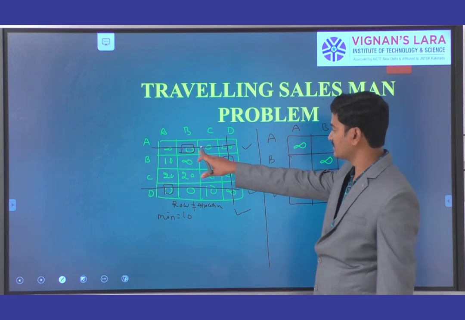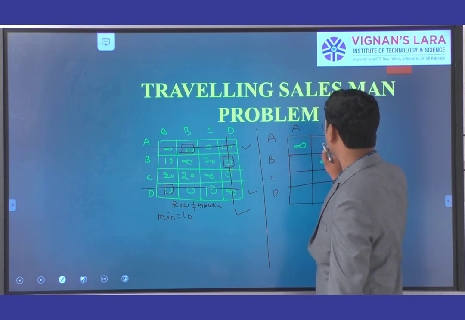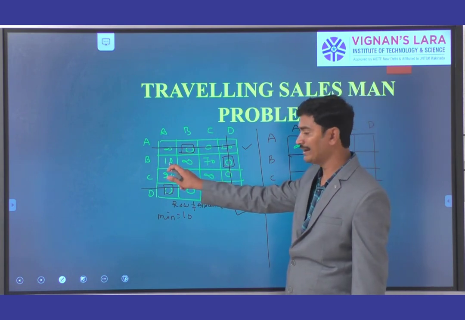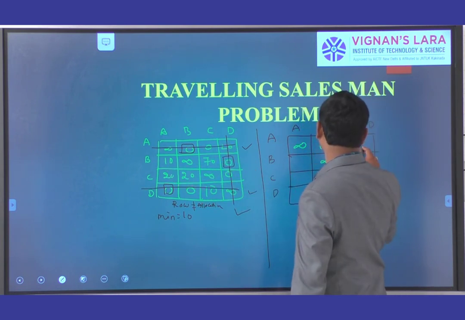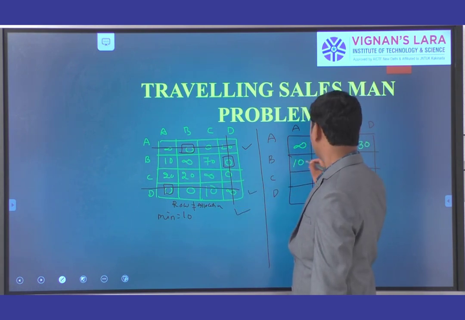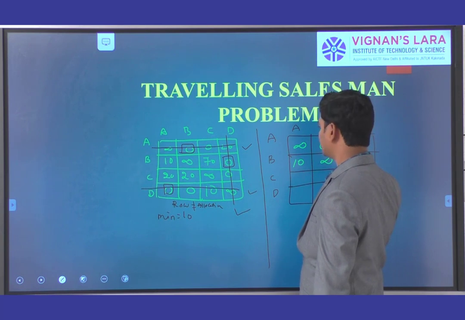And coming to the first row, single line is there, 0, 0. Here 20, 2 lines are there. We are going to add 10 units to this, 30. Okay. Next here 10 minus 10, 0. Here 70 minus 10, 60.